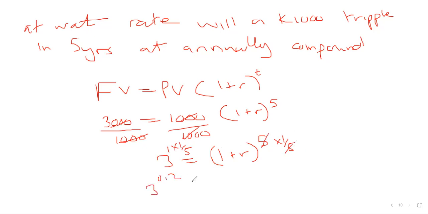So 1 plus r equals 3 to the power 0.2, which will give us 1.2457. To find the rate, the 1 will go to subtract from the other side. So meaning our rate was 24.57%.